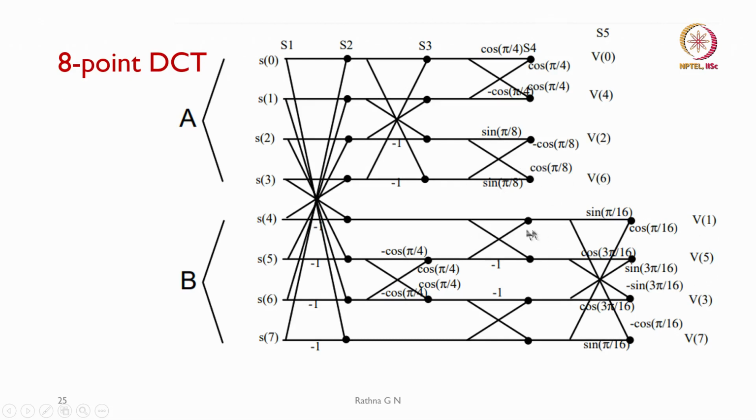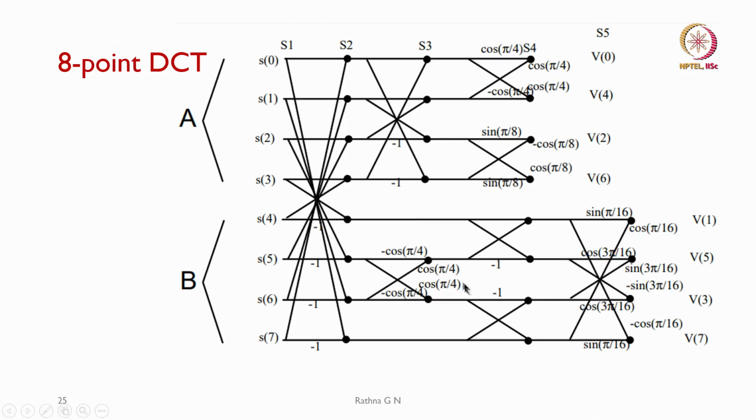Those who are interested in this paper, I will be uploading it, to show how they have reduced the number of multiplications and additions, so that it comes to 13 multiplications in this case. One more paper reduces it from 13 multiplications to 11 multiplications with 27 additions along with it.